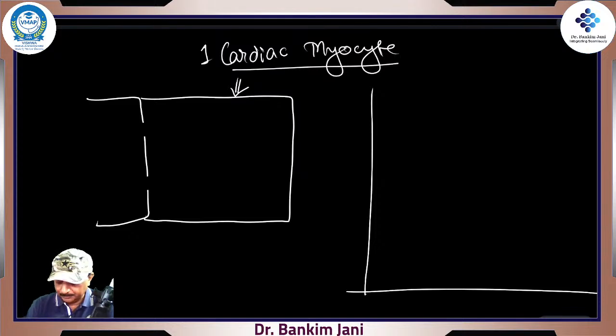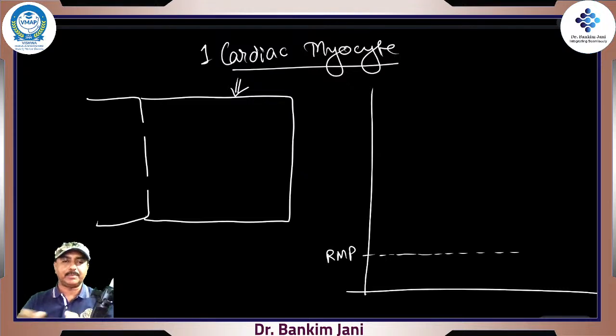There is the resting membrane potential. This particular cell is at rest, and during the resting membrane potential all the ions going in and out are balanced. Effectively, nothing is changing. So this is like, say, minus 90 millivolts.